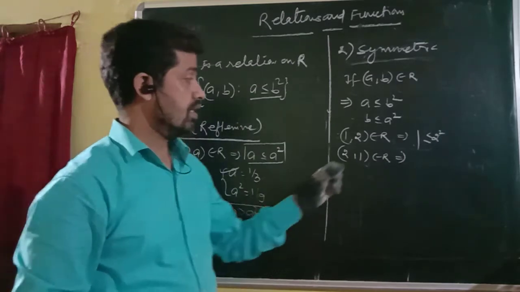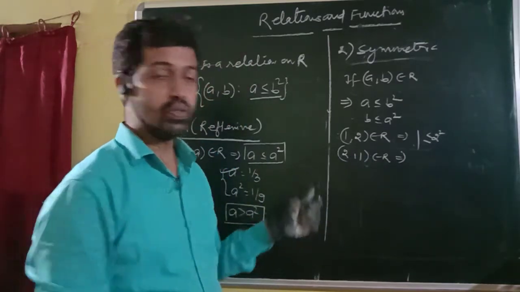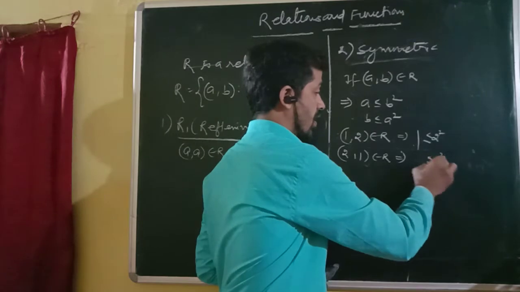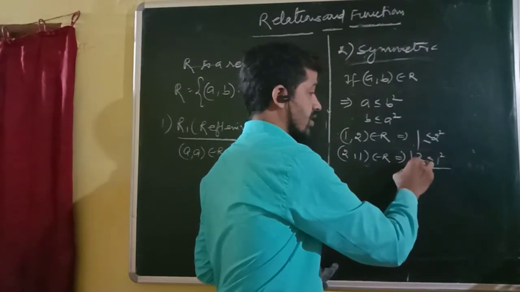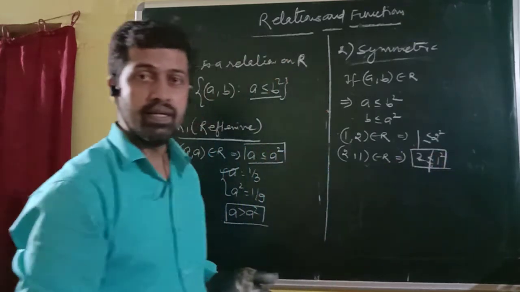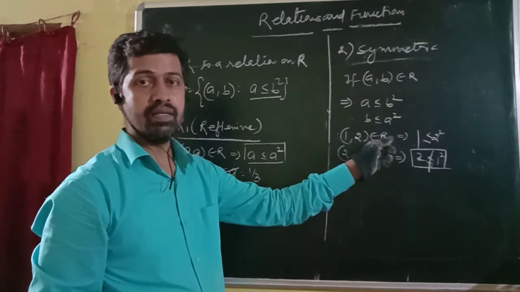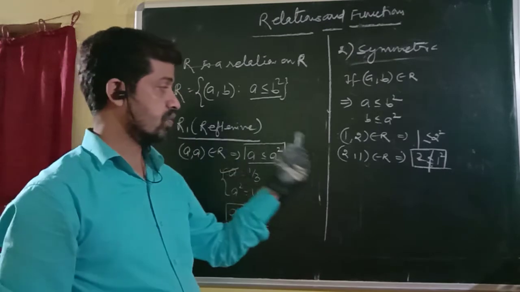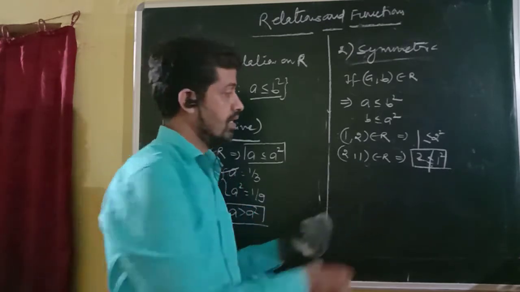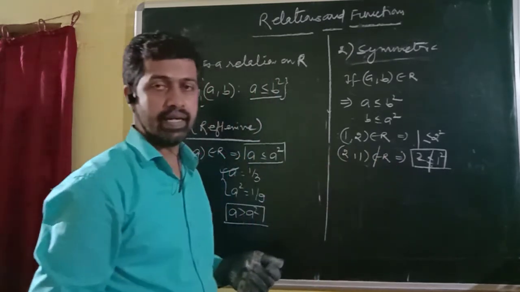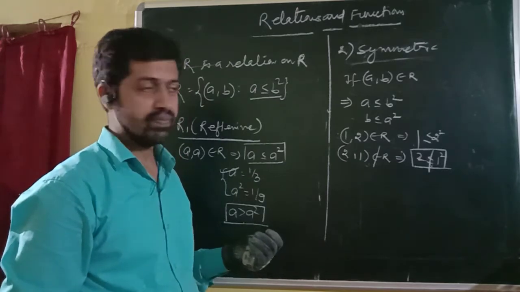That means, is 1 square greater than 2? Not true. It means 1 comma 2 is in the relation, but 2 comma 1 is not there. It does not belong to R. Hence the relation is not symmetric.